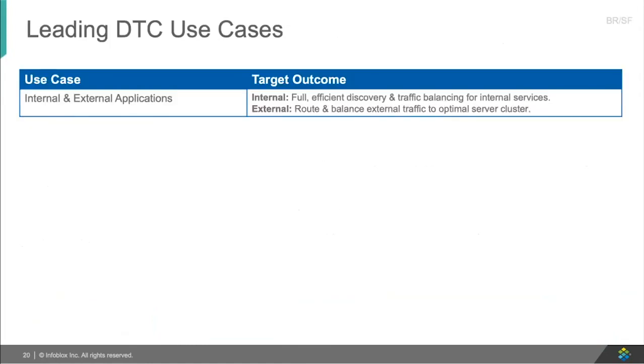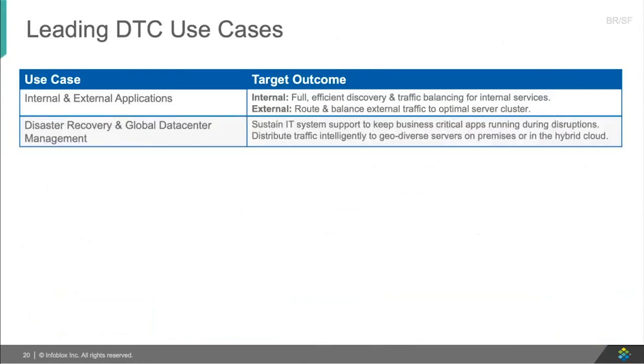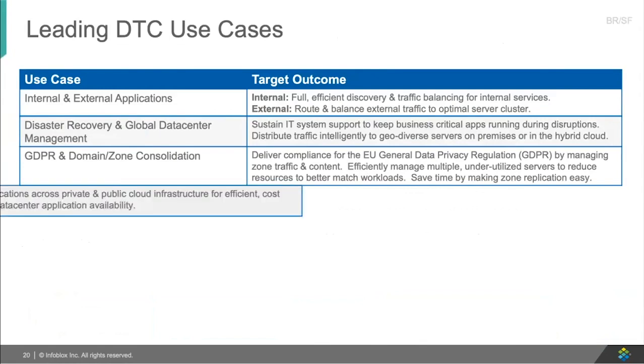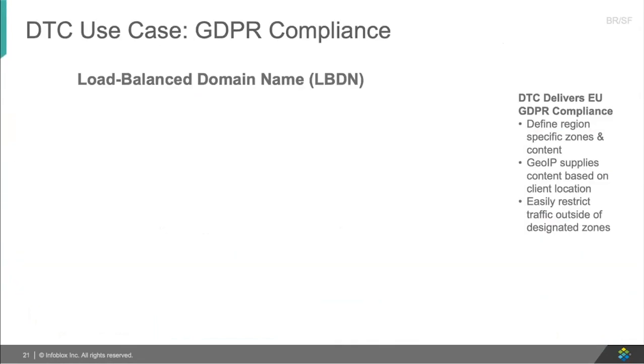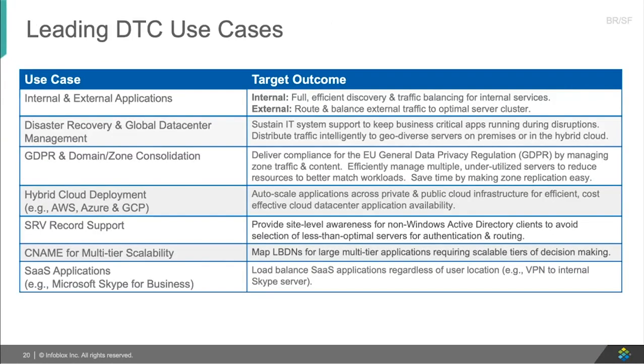Another thing to take into account here is just as we look across DTC, there are a number of use cases, right, Scott, that DTC actually can be used to help customers. And so, Scott, could you just give us a little bit of insight on these as well?